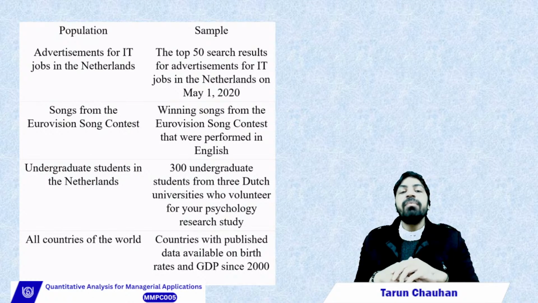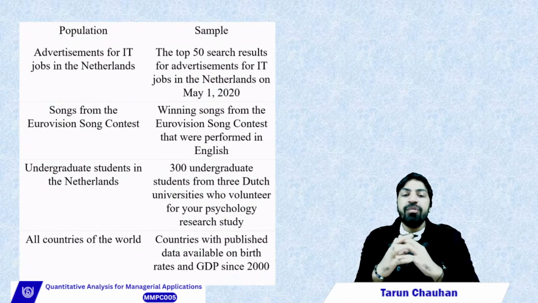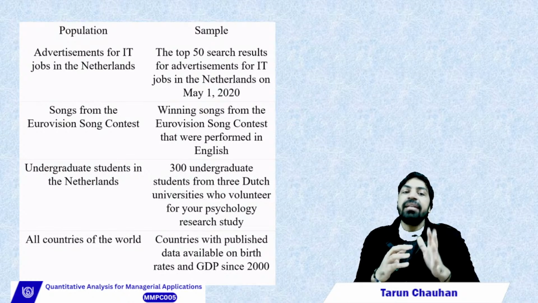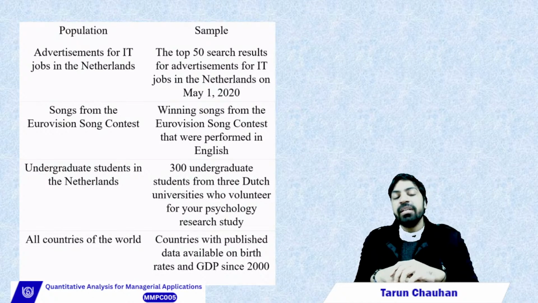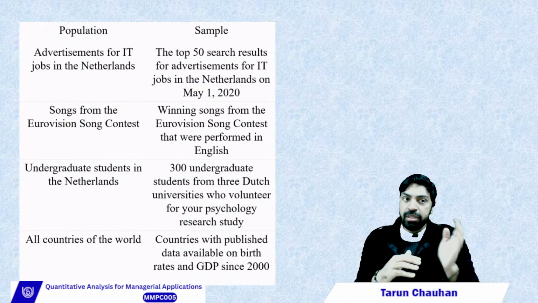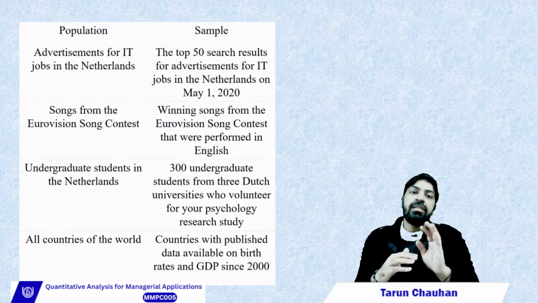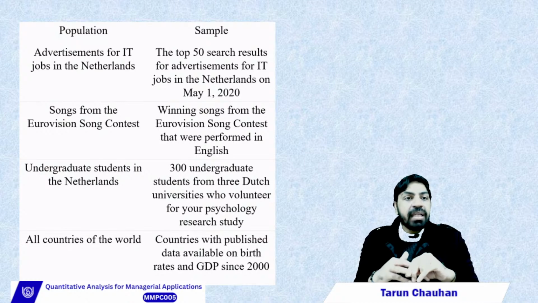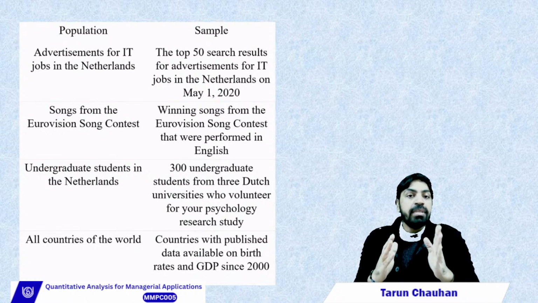If we take 300 undergraduate students from 3 Dutch universities who volunteer for your psychological research study, that is exactly the sample, because we are taking 300 undergraduate students from the population. We are taking the winning songs from the population list. We are taking the top 50 advertising companies from the population that advertise for the IT jobs, and they become samples.